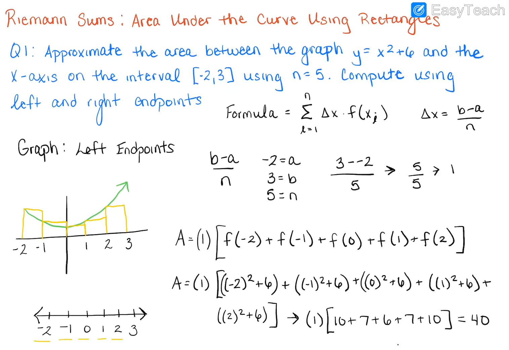So let me go to another page. Once again, I want to create that little number line. So we have -2, -1, 0, 1, 2, and 3. In this case, I want to use the rightmost points on this graph, which would be 3, 2, 1, 0, and -1.